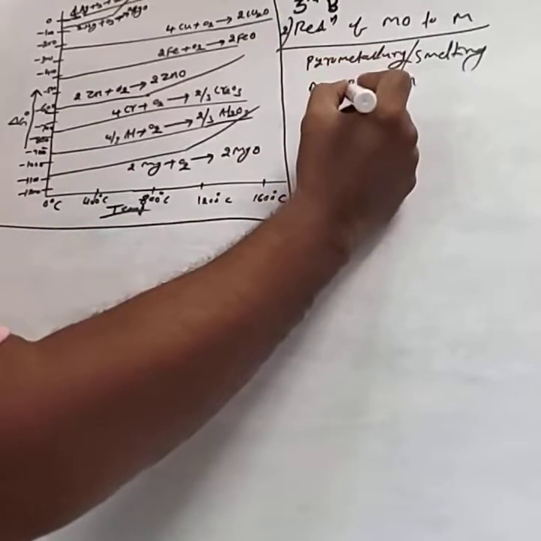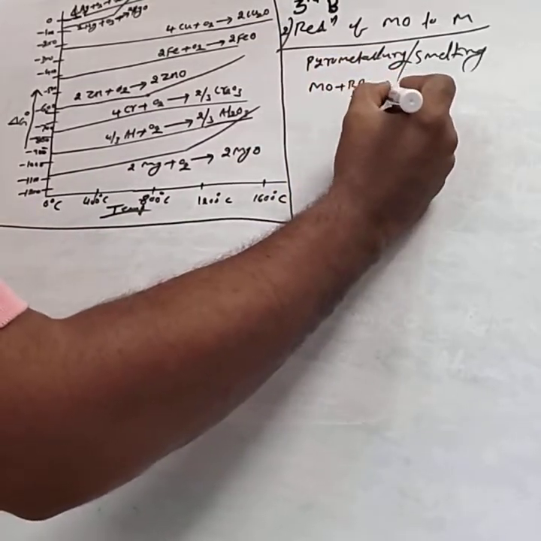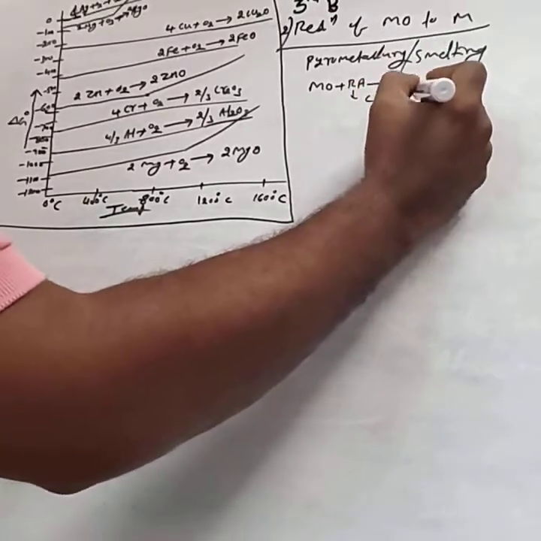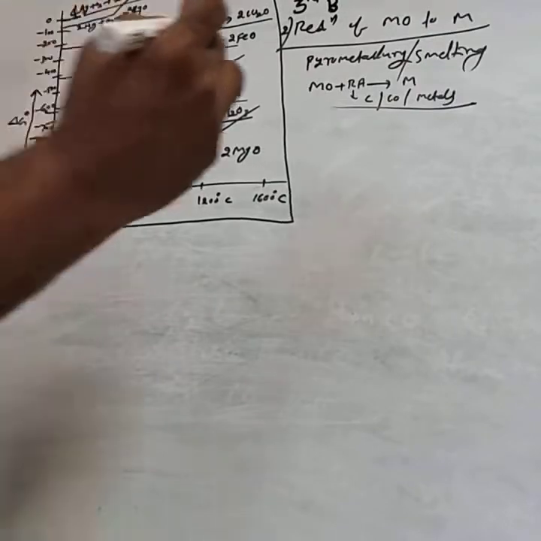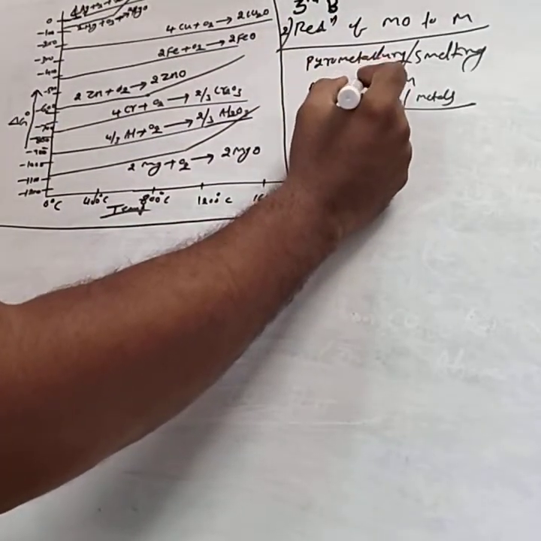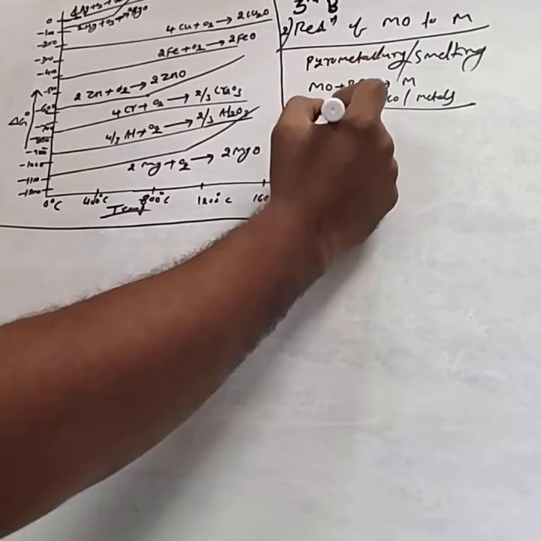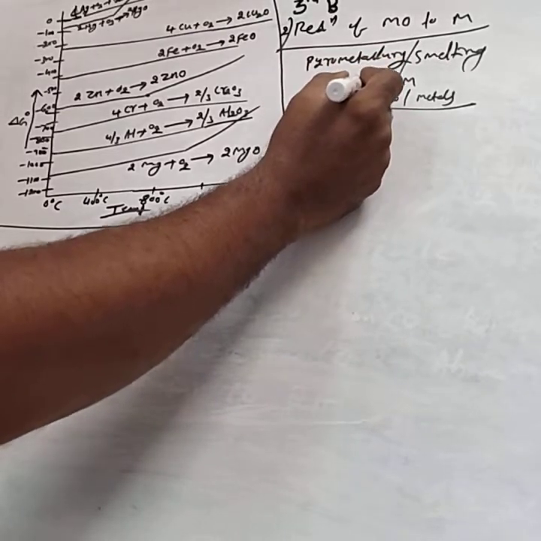The reducing agent may be either carbon monoxide or other metals. The reducing agent combines with oxygen of the metal oxide. For example, MxOy plus y moles of C. Here C, coke, is the reducing agent.